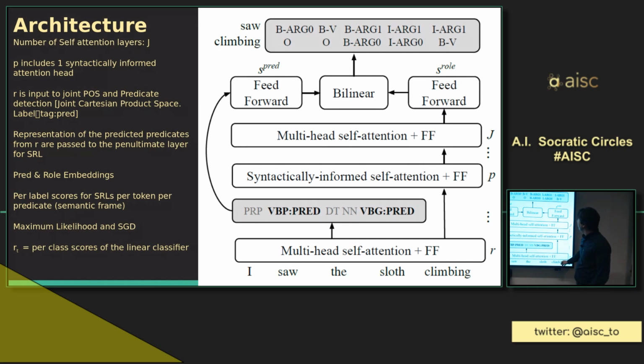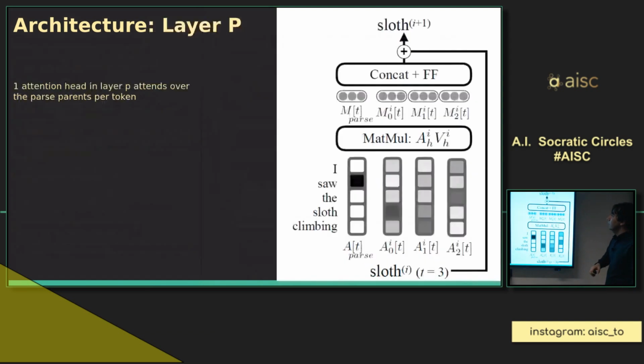For climbing, what matters are the and sloth. And those are arguments of climbing, right? So argument 0 and 1. That's one way of encoding the semantic role information. They correspond to those themes, patient, and receiver, goal, and those things that I talked about as semantic roles earlier. All right. So we'll get to the details soon. This layer I want to talk about more. All right. So this is layer P.